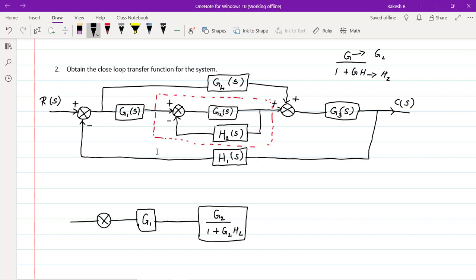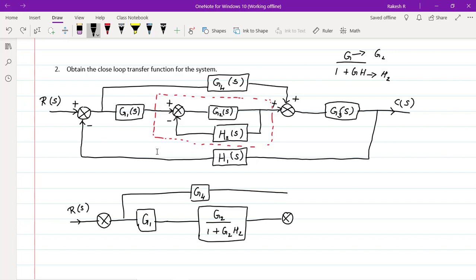We have R of S as the input, and we have G4 here. First I'll complete this line. We have one more summing point here, right? So this is G4 here, and it has reached the summing point here.